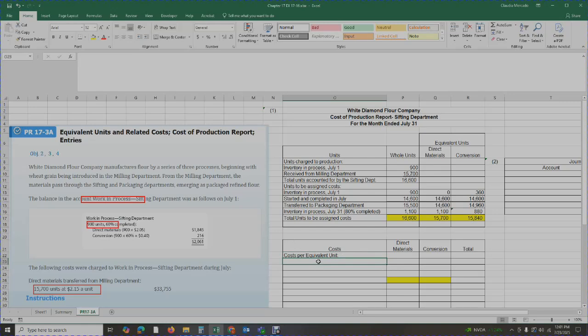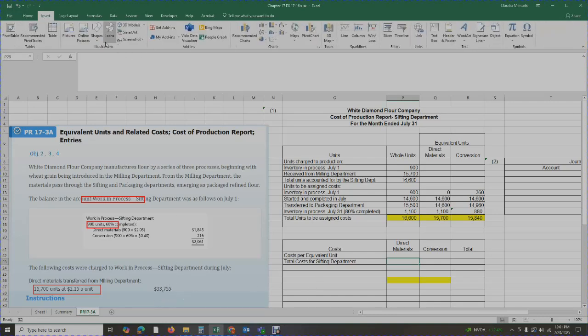So we're going to have our total cost for the sifting department. Here we go for the sifting department. So according to the problem, my cost that was transferred in from the milling to the sifting was $33,755. Okay, we're going to bring that in. So we're getting that from the problem.